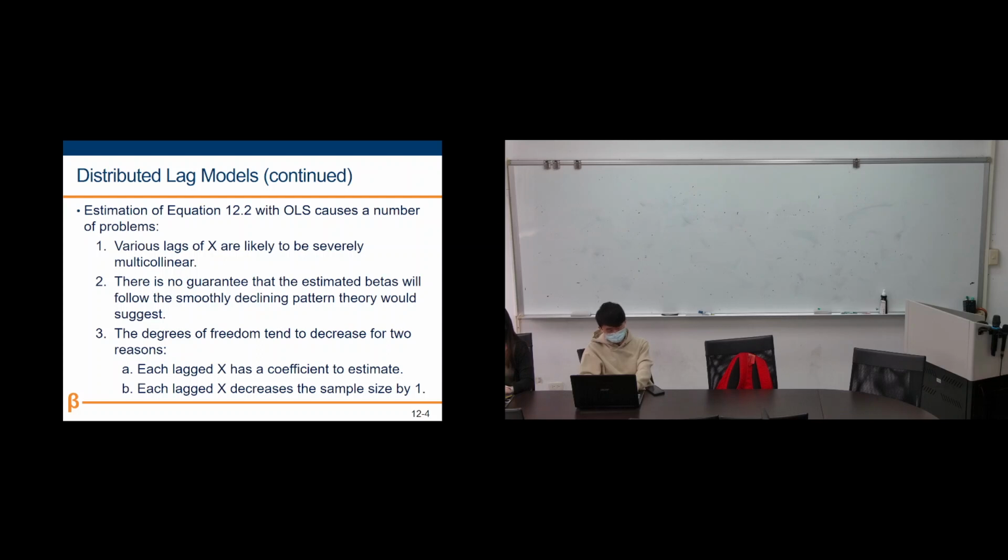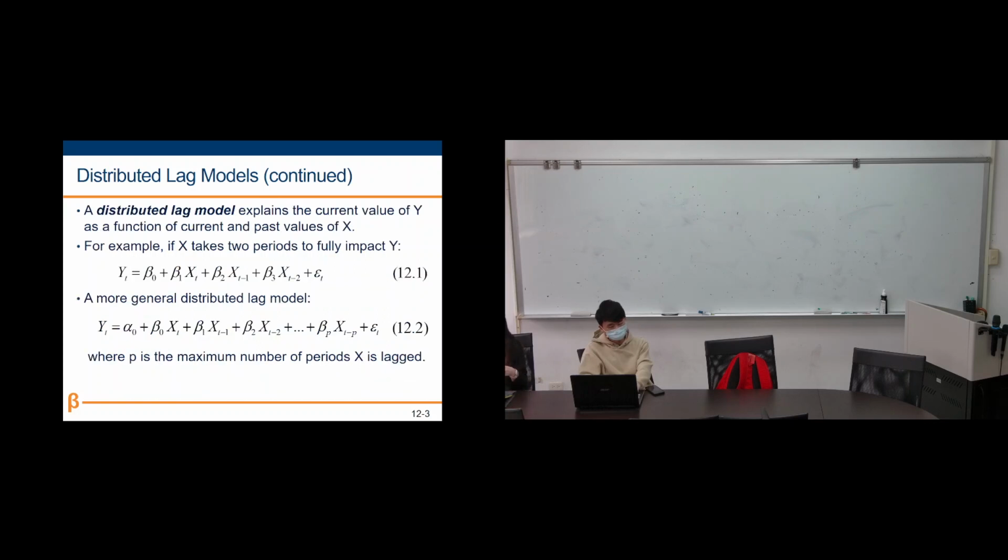Third, the degrees of freedom tend to decrease for two reasons. First, each lag x has a coefficient to estimate. Second, each lag x decreases the sample size by 1. What does that mean? The more previous periods, the more x variables I should put in my model, therefore there are more estimates.